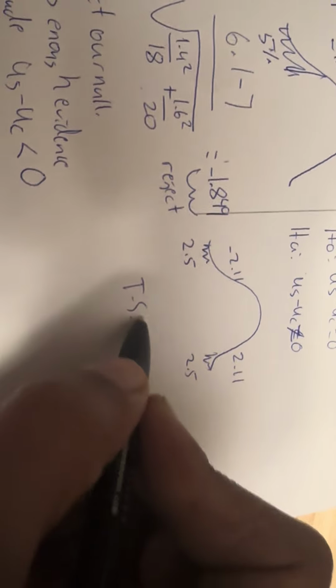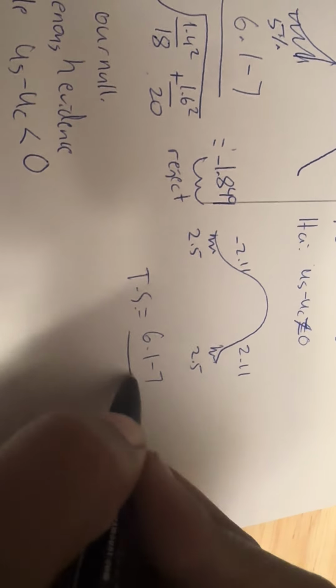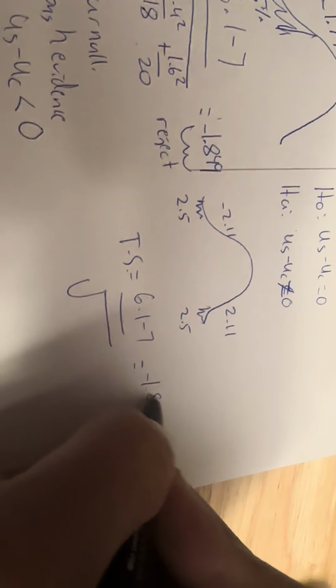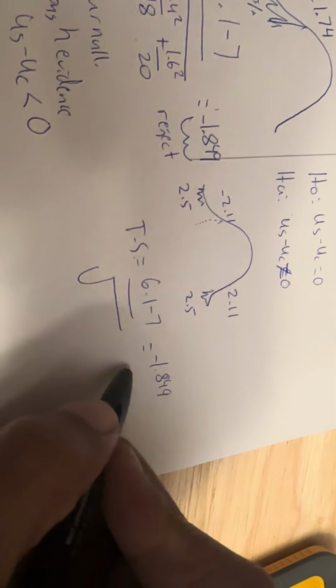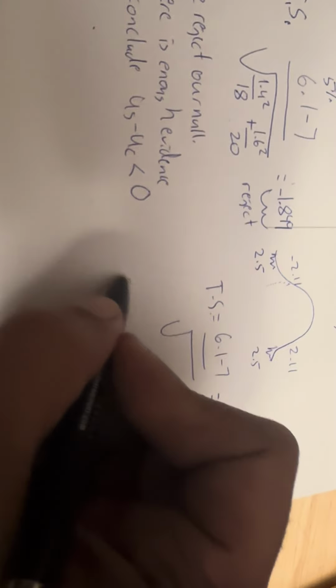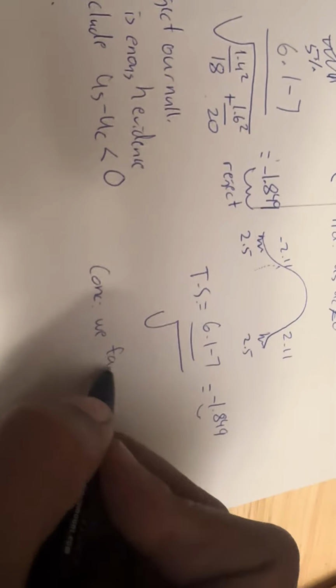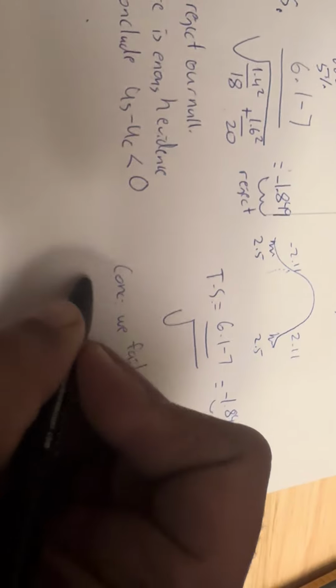We've already done it, but let's do it again. So 6.1 minus 7 over square root of same thing. We get negative 1.849. Now in this case, that's going to be right here. So we fail to reject our null hypothesis. So our conclusion is we fail to reject our null.